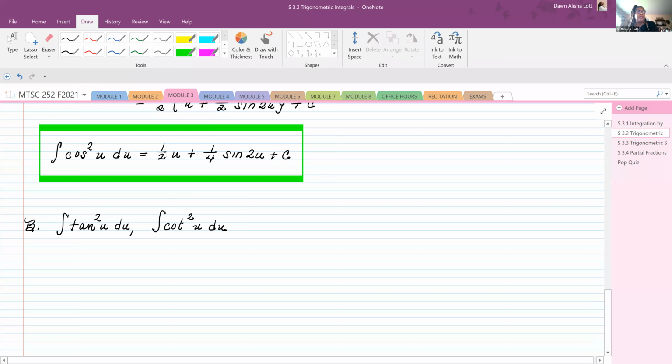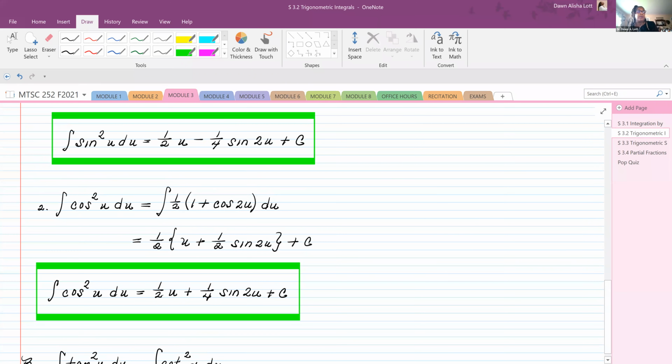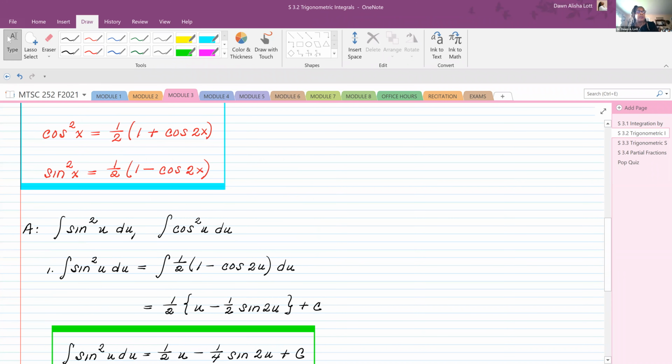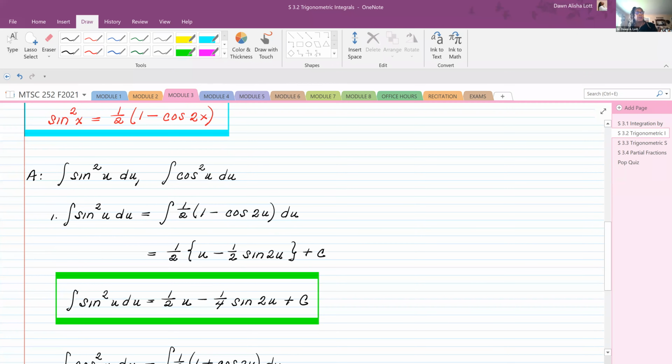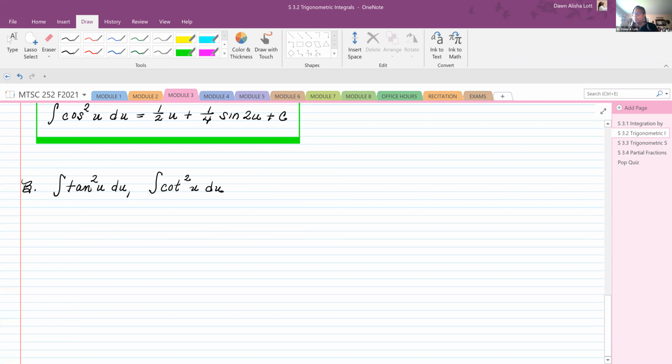The reason why they're easy is we just have to remember these formulas up here. Tangent squared is secant squared minus 1, I apologize. Okay, so to integrate tangent squared.